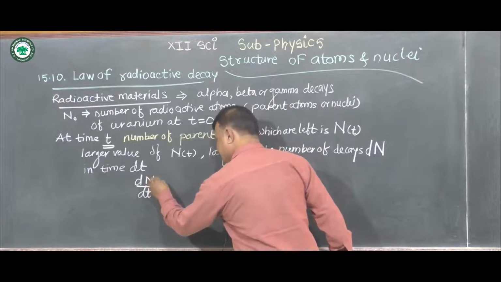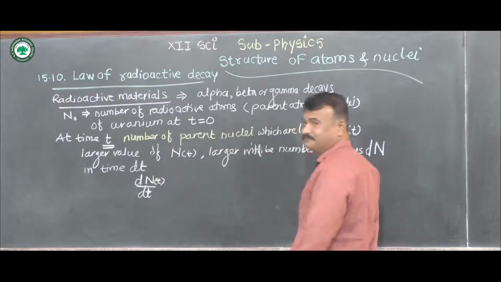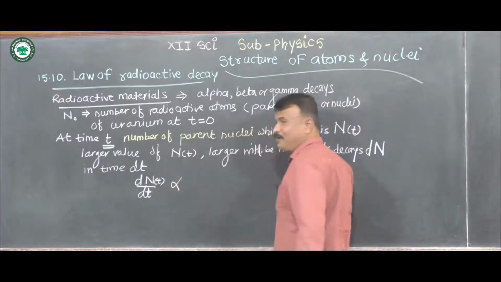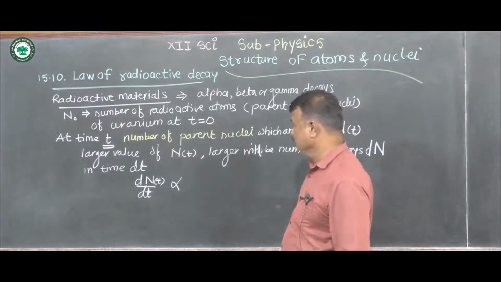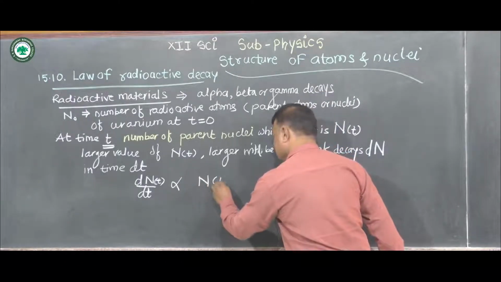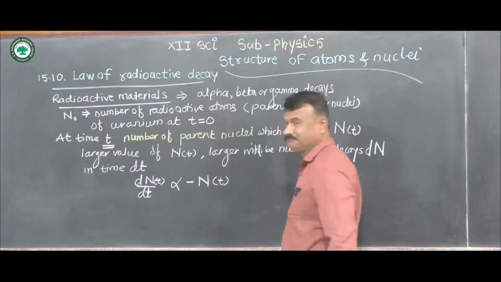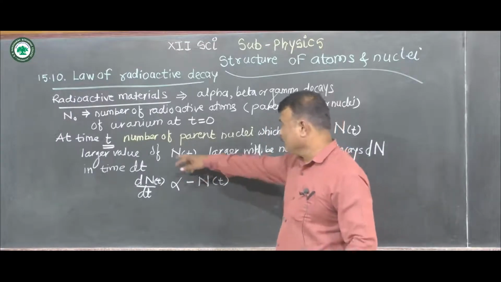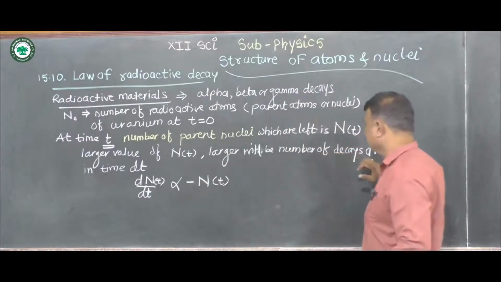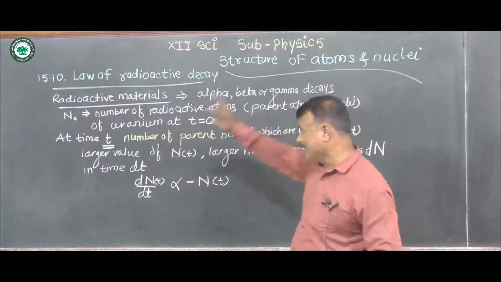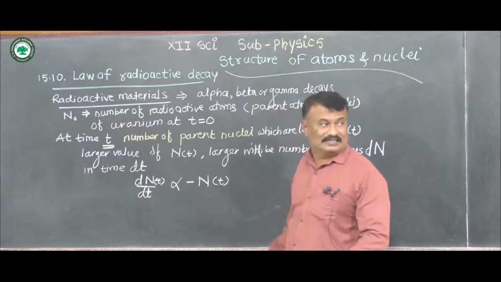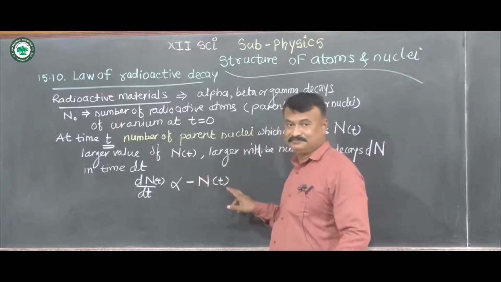dN by dt is directly proportional to Nt, but there is a negative sign. For a larger value of Nt, larger will be the number of decays dN in a given time dt, and that's why we write dN by dt is directly proportional to minus Nt.